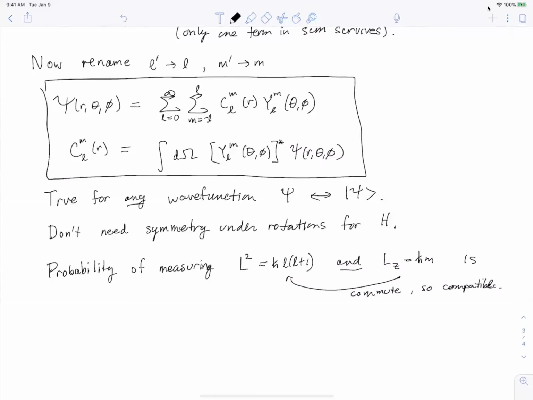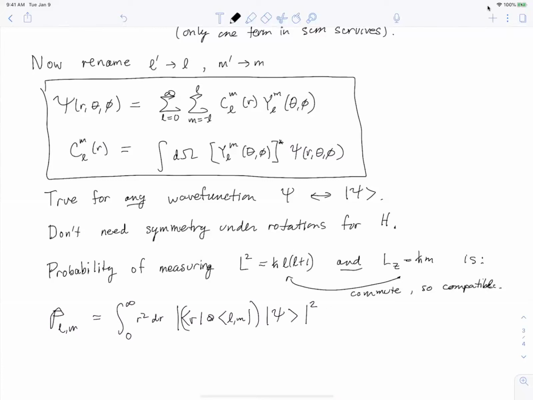And the probability of getting any particular result, L and M, is given by the following. I have to sum over all states, r squared dr, of the absolute value squared of r cross Lm, that thing acting on psi.